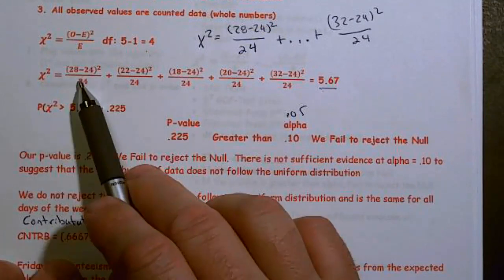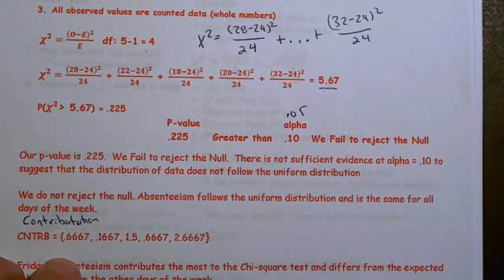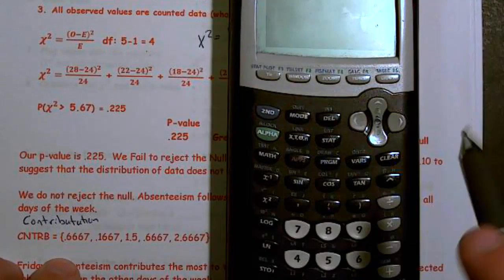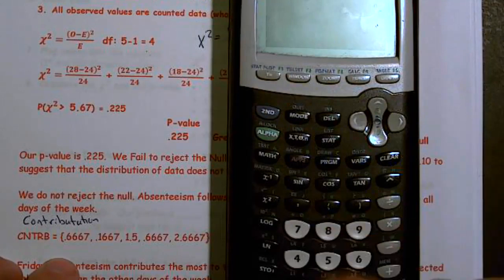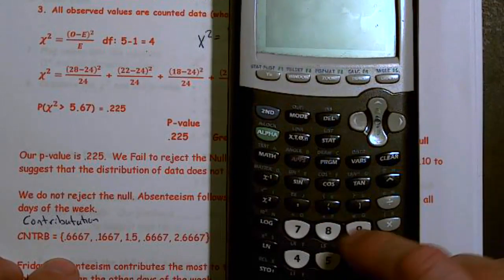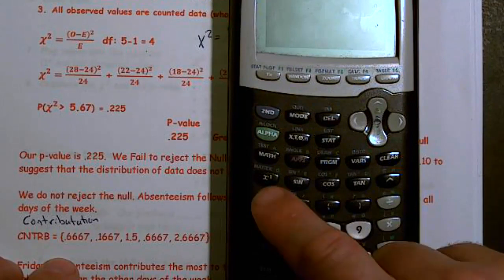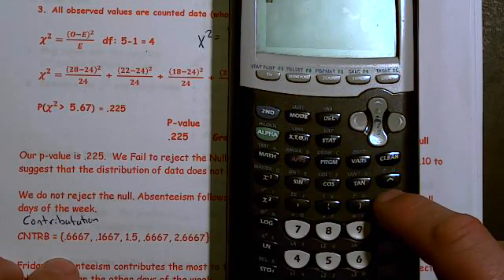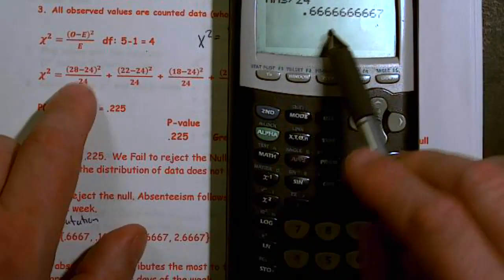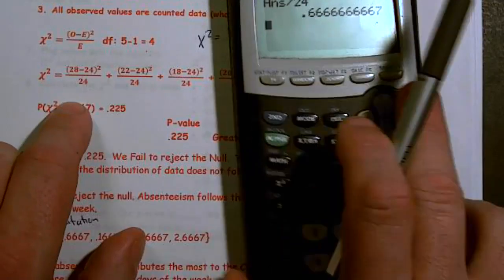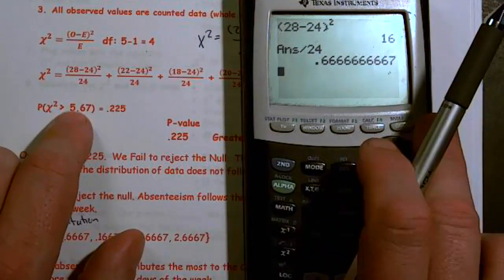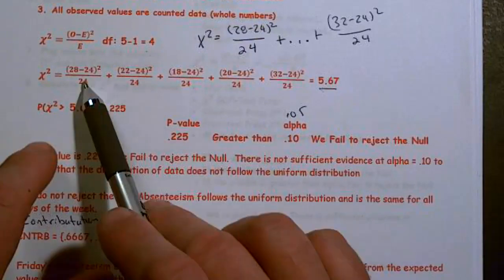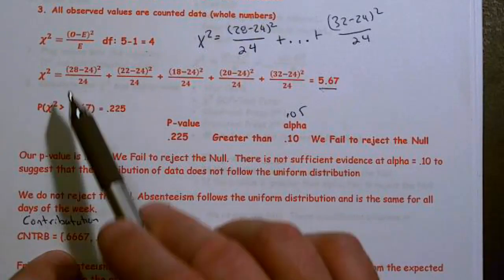And if I calculated each individual one, if I just took the first one, and I went parenthesis 28 minus 24, close the parenthesis, and squared that, and then divided by 24, sure enough, I get 0.667, all right? So each one of these, that's the value of this.